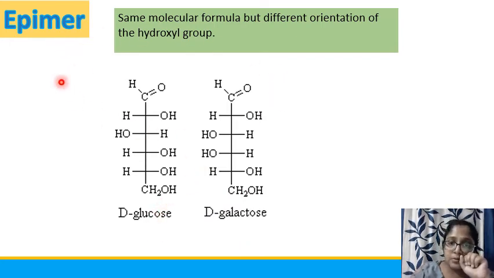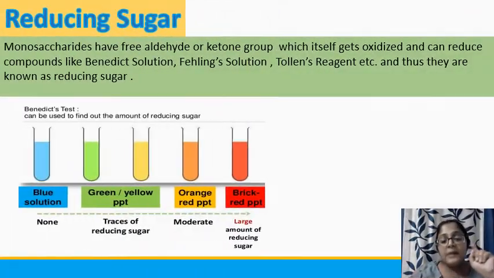They have the same functional group, same formula of C6H12O6, but in glucose only the third carbon has a hydroxyl group on the left hand side, whereas in galactose both the third and the fourth carbon have a hydroxyl group on the left hand side. So they are epimers of one another. Please write this down, what an epimer and an isomer are, and please mention the examples. This is very important.